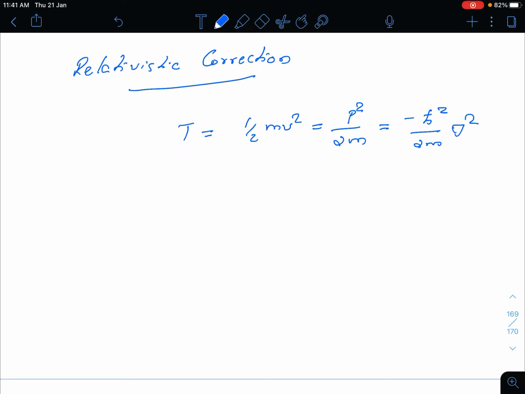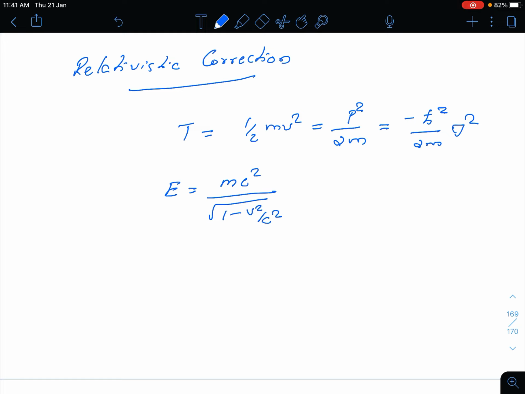We know that the relativistic total energy is equal to mc square divided by root of 1 minus v square by c square, where m is the rest mass. Sometimes you might have used m0.